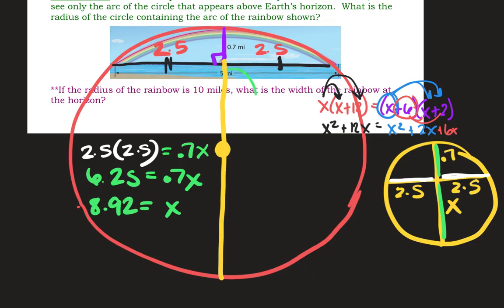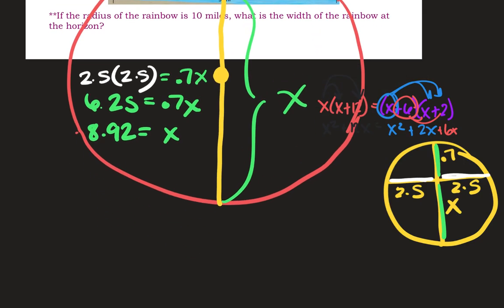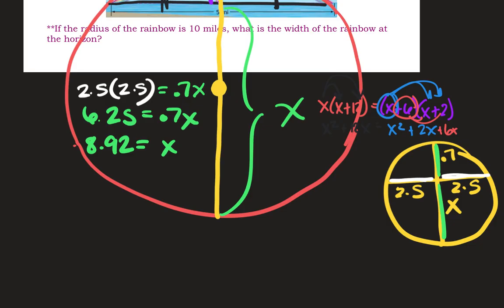Now, all of this was x. They wanted to know the radius of this whole circle. So is the answer 8.92? No, what do I have to do with that 8.92? Add 0.7. Yeah, you got to add the 0.7, that little bitty piece that we started off with.